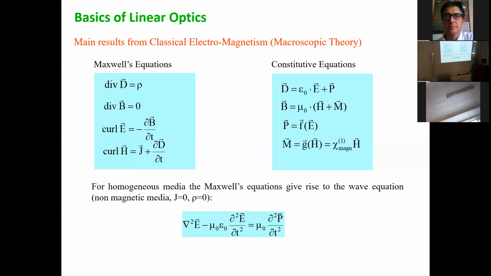Only Faraday had somehow given an indication that there should be a connection, but the connection was still weak. At that time, the dielectric constant epsilon naught of vacuum was measured by Faraday. The magnetic permeability of vacuum, μ naught, was measured by Henry, with several experiments. And there was no relation.